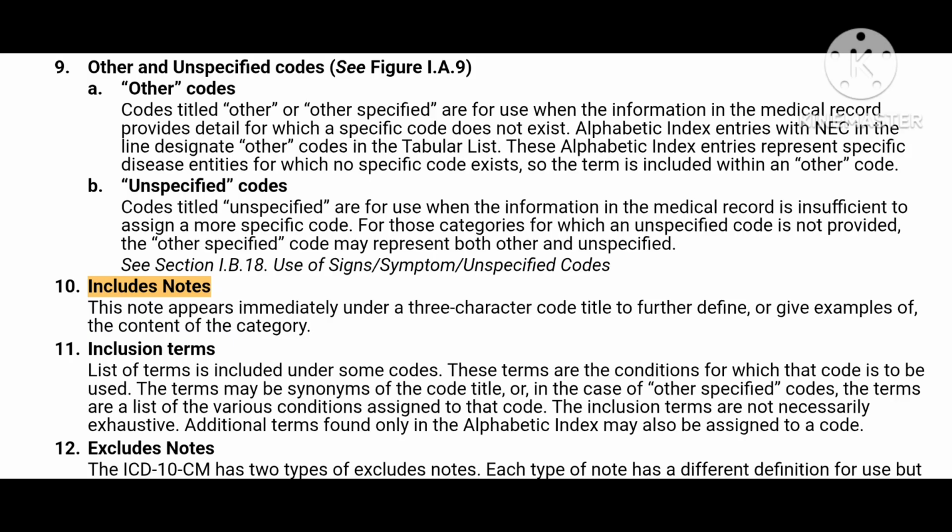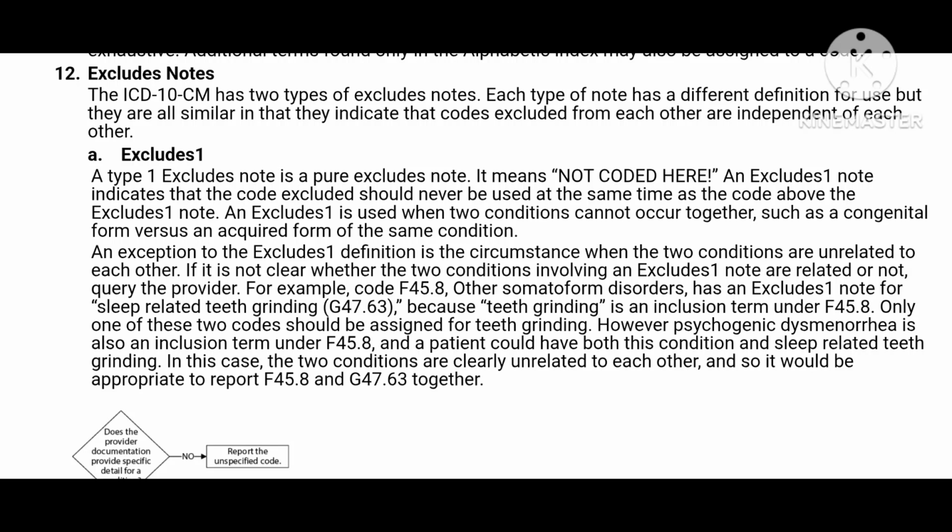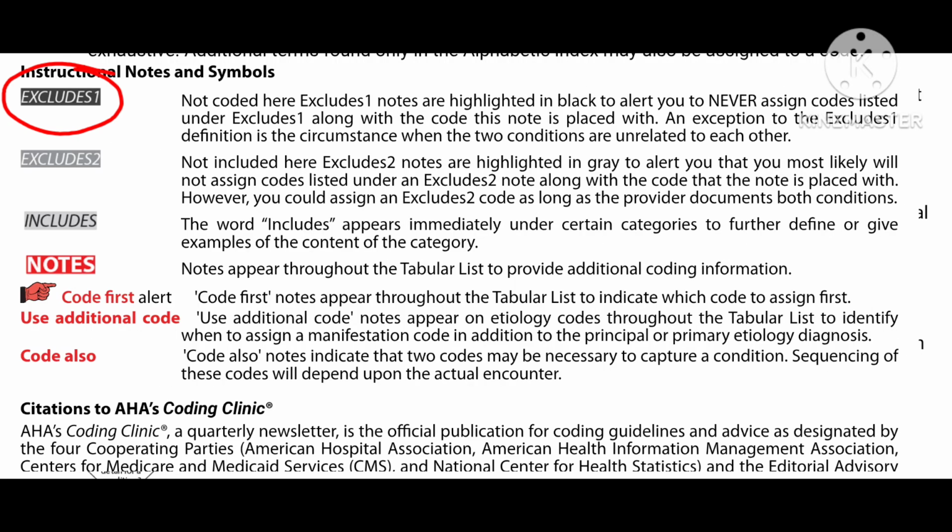Next is a very important guideline, that is the excludes notes. Excludes notes will appear under some category codes, and they are classified into excludes 1 and excludes 2 notes. Excludes 1 will be given in a dark black color, and excludes 2 notes will be given in a gray color. So with that you can identify whether it is excludes 1 or excludes 2.